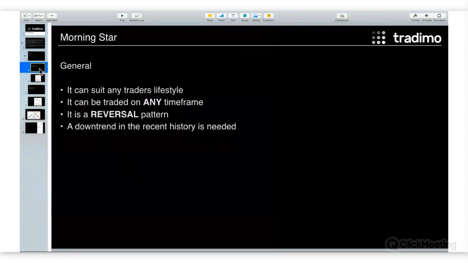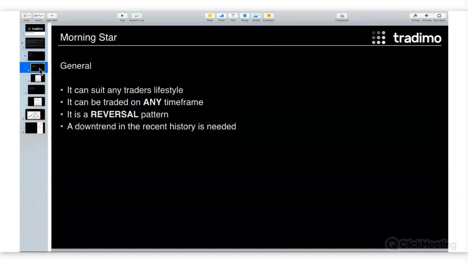Okay, what is the morning star? The morning star, general information about this: it can suit any trader's lifestyle because it can be traded on any time frame. And this is the main important thing to say about the morning star formation. It is a reversal pattern. So you can trade with this kind of pattern against the trend because the trend is most likely changing from uptrend to downtrend, or especially for the morning star formation, from a downtrend to an uptrend.